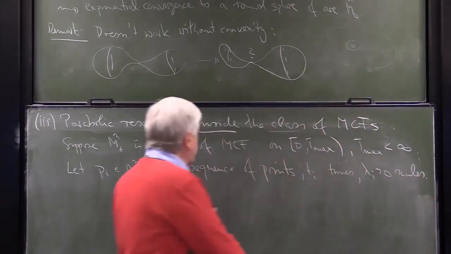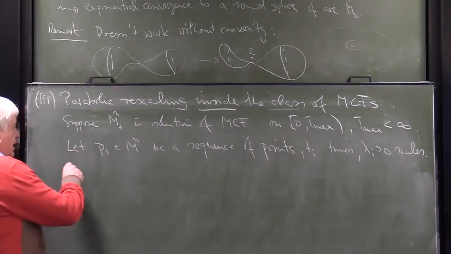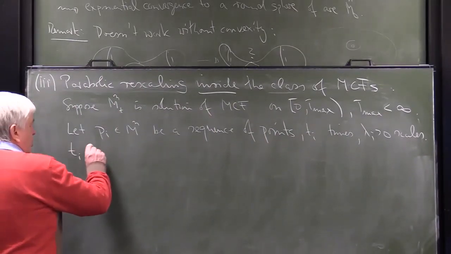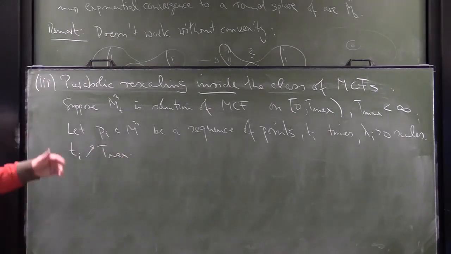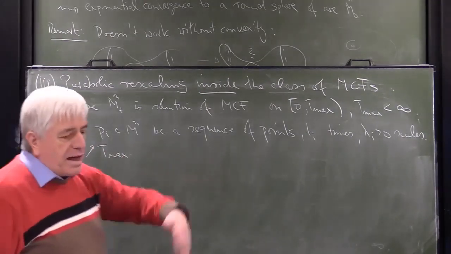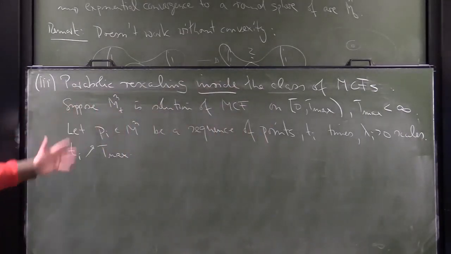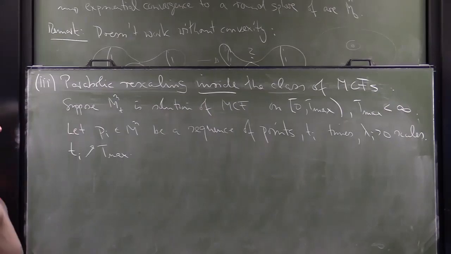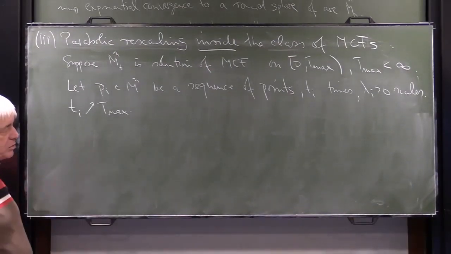So there are a sequence of points, a sequence of times. Let's assume the times approach T_max, and let's assume the lambda_i's are going to go to infinity. They are all positive. Otherwise we don't have to make many assumptions for the initial setup, and then we will see what we're going to do.